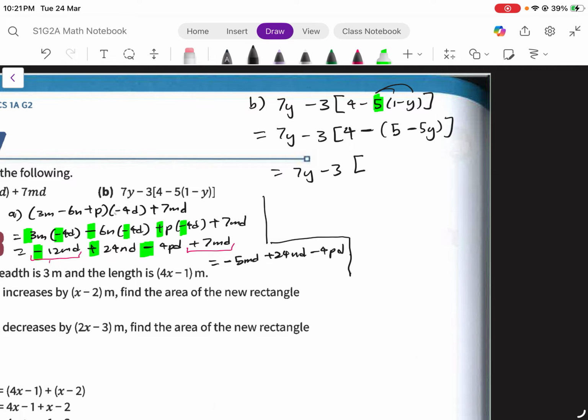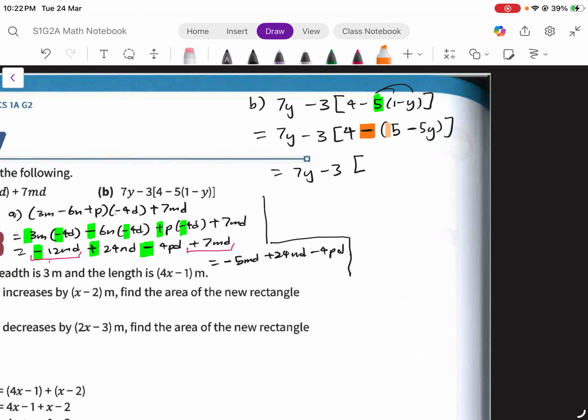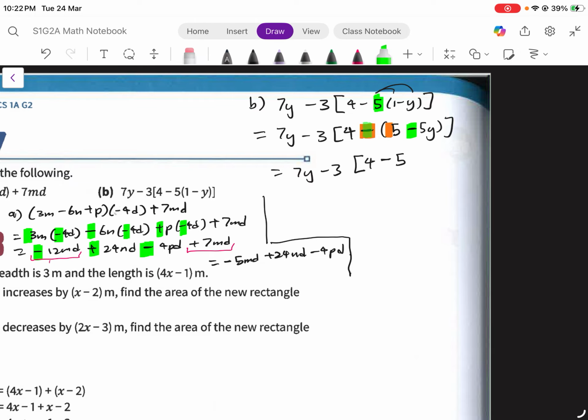Now, sign. Minus plus minus plus is minus 5y, right? Then we have minus minus, which should give us plus 5y. So 7y minus 3 resolve. 4 minus 5 is minus 1 plus 5y.